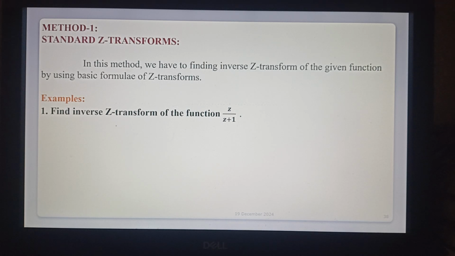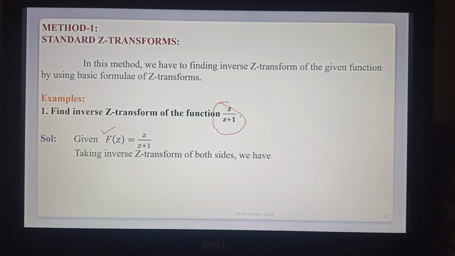Find the inverse Z transform of the function z by z plus 1. We assume F of z is equal to z by z plus 1. Take the inverse Z transform on both sides: Z inverse of F of z is equal to Z inverse of z by z plus 1.